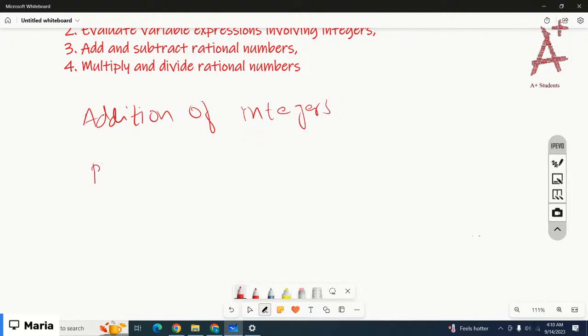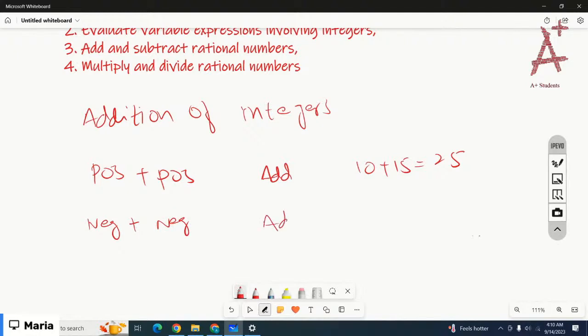You are adding a positive and a positive number, right? You simply have to add them. For example, you have 10 plus 15, you have to add, that would be 25 because both the numbers are positive, right? What if both the numbers are negative? We are adding two negative numbers. That means you have to add them.